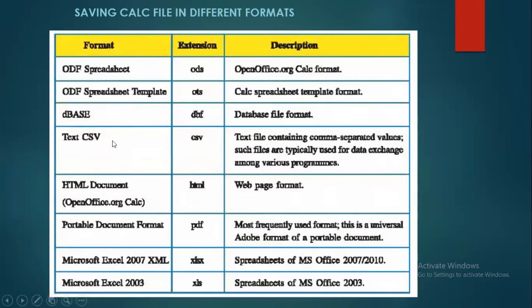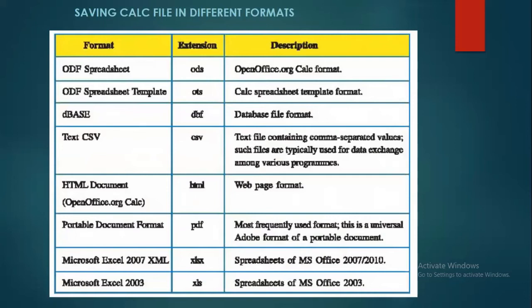Then text CSV, this is one important format. This is a text file containing comma separated values, used for data exchange among various programs. Then HTML format. So this file can be used as a web page when you save it as an HTML document.